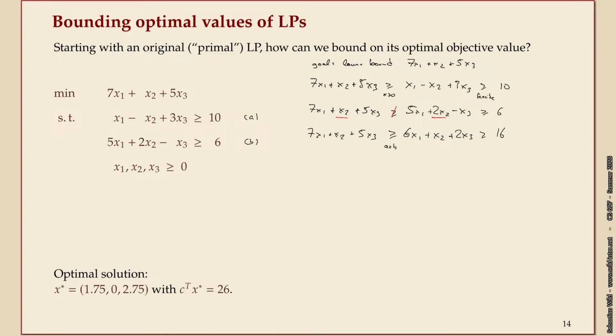In general, I can multiply these entire constraints with arbitrary numbers. I can take any linear combination, multiplying the left and right-hand side by some value. But maybe not arbitrary, because I have an inequality, so I certainly want my y's to be non-negative.